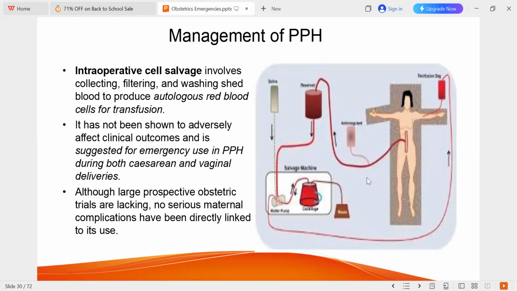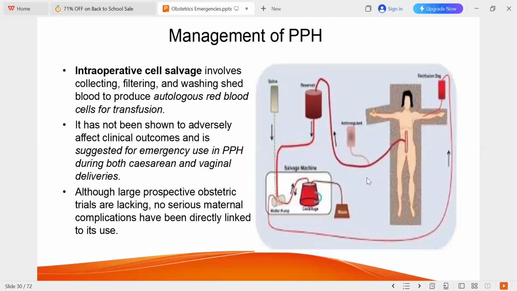Yes, intraoperative cell salvage, especially in our environments, sub-Saharan Africa, where we have limited blood supply. The patient's own blood can be salvaged. It can be collected, filtered, and washed in a salvage machine and re-transfused back to the patient.